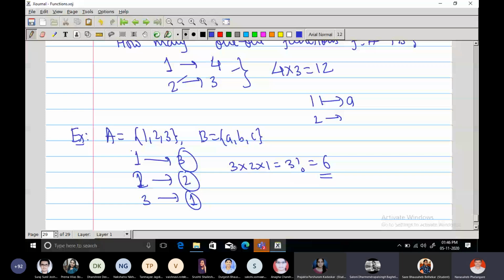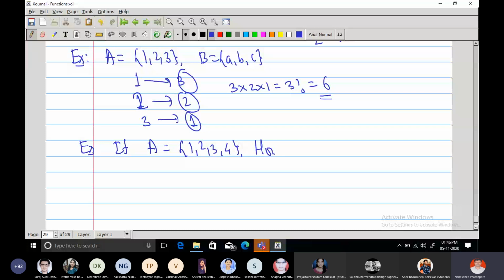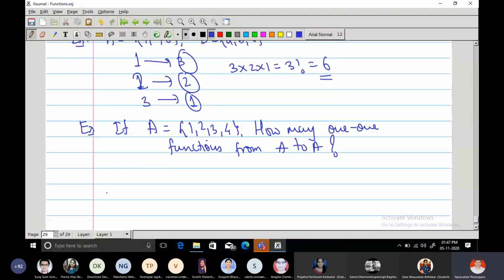Okay, now from this, if A has 4 elements, then how many 1-1 functions from A to A? 24.